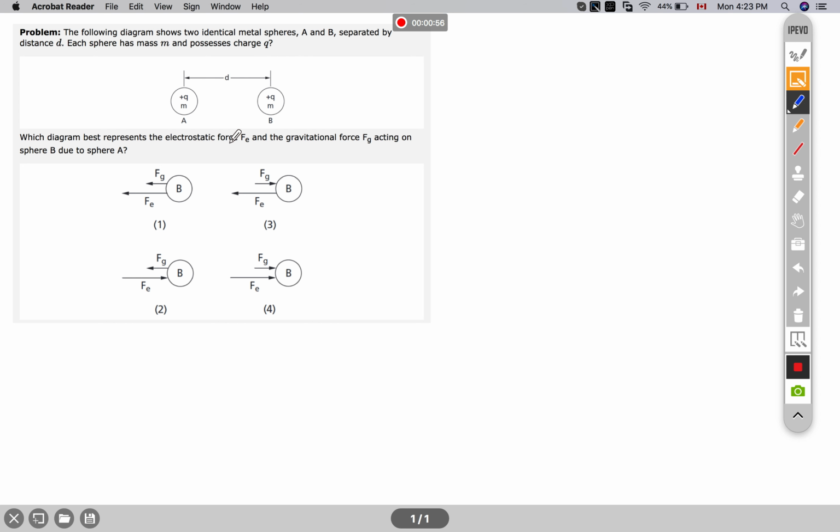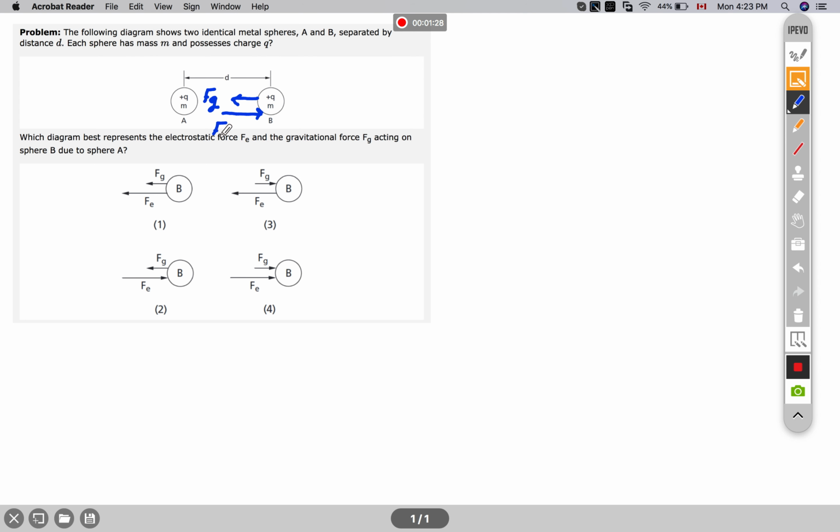Okay, let's get started with focusing on sphere B. Due to sphere A, B is attracted towards the left. This is because of gravitational force. And due to the charge of sphere A, sphere B feels a repulsive force towards the right side.